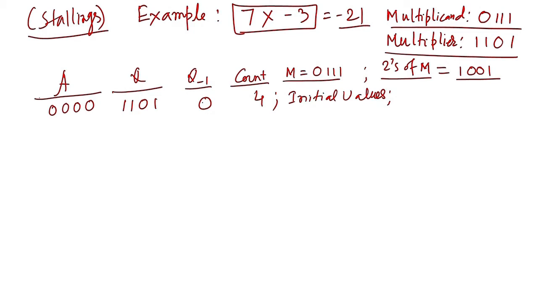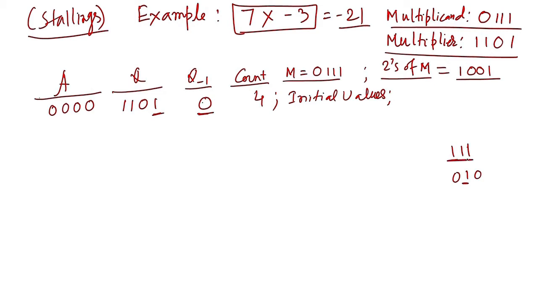Then what next? We check this bit and this bit. Just I will share one piece of information. If a block of 1s starts, then we have to do subtraction. Block of 1s means this is 1 1 1, this is a block of 1s, even 1 0 1, this can also be said to be a block of 1 with length 1.